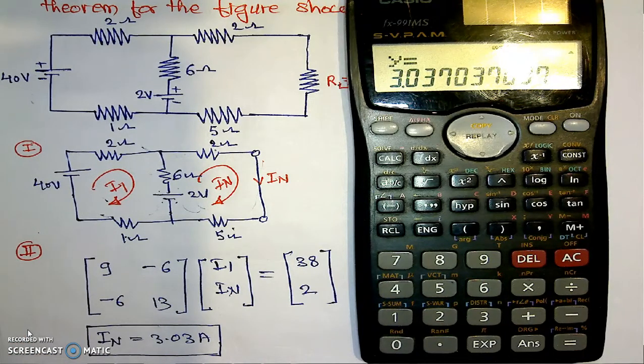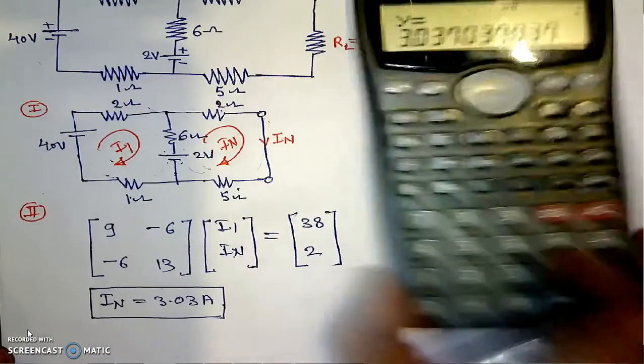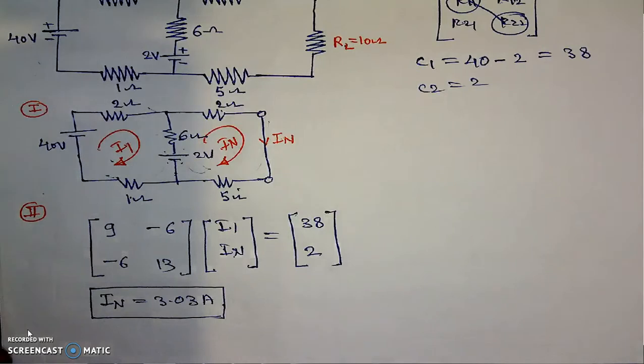If we know the Norton's current, that is step number 2, we will use step number 3. In the third step, we will calculate the Norton's equivalent resistance.